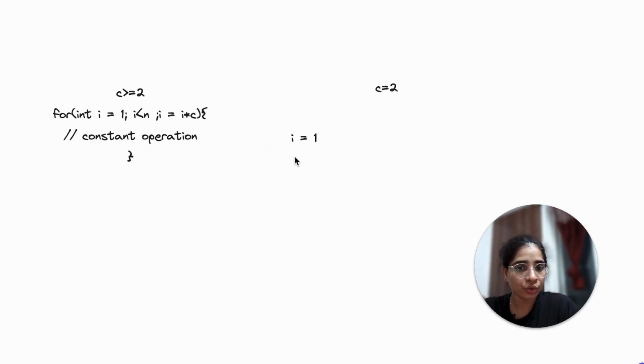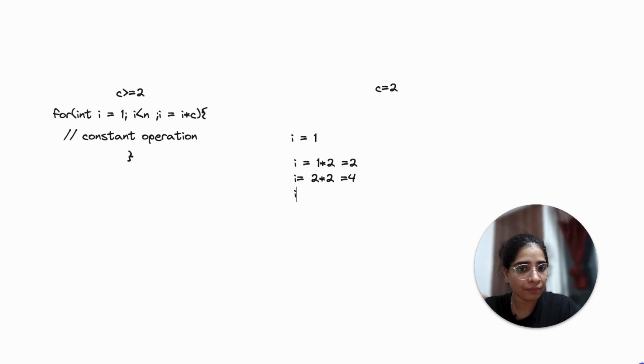Let's say i is 1 the first time. The second time, i becomes i, which is 1, into c, which is 2 in our case, so the second time i will be 2. The third time, i is 2 and c is also 2, so i will become 4.